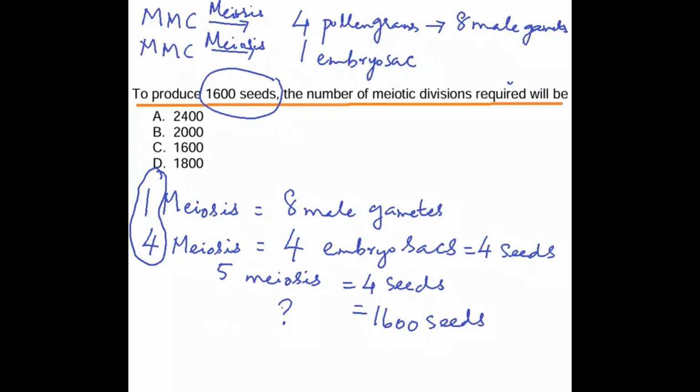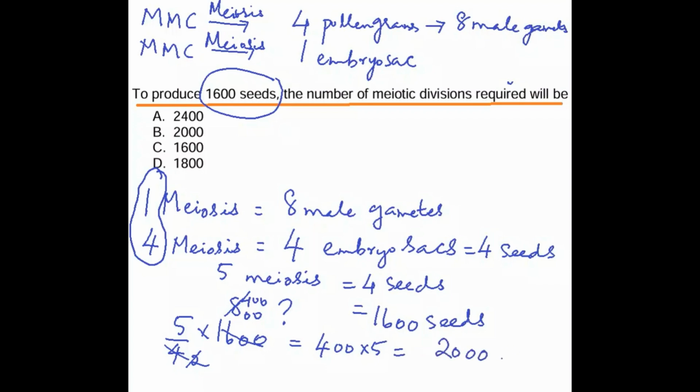So we have to do 5 by 4 into 1600, and that one's answer will cancel this. 2 2s are 4, 2 8s are 16, 0 0, 2 4s are 8, 0 0, 400 into 5, which is equal to 2000.